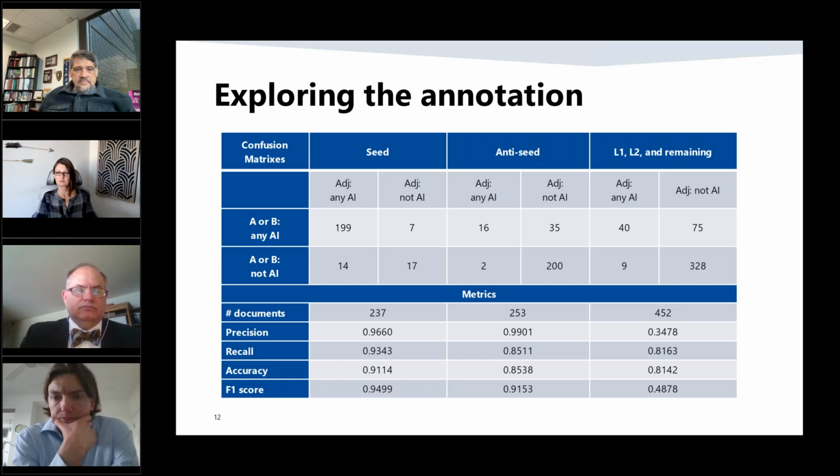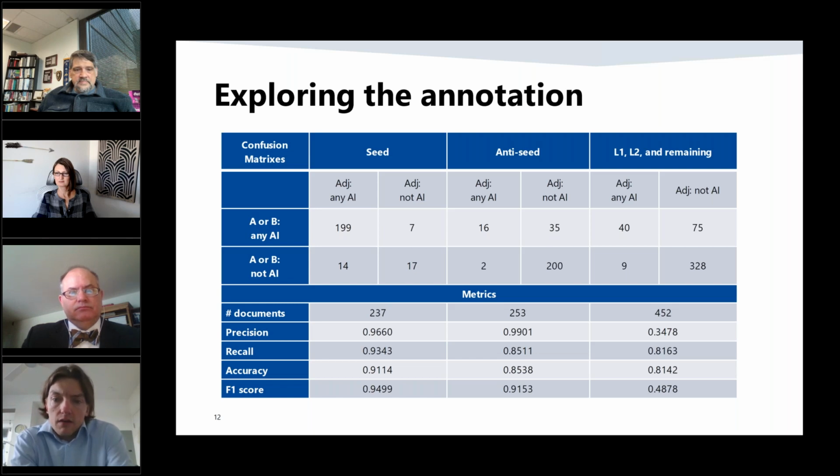Now, if you look at the far right, this is the most interesting set, because this is the set where it's not seed and it's not anti-seed. It's like a random document that you pulled out of the patent corpus. And what we find is that if a patent examiner said that it was AI, the adjudicator said it was 40 times, but 75 times said it wasn't.